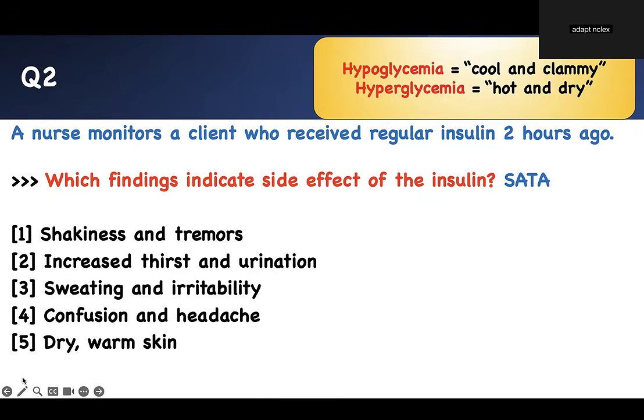When your skin is dry and warm, it's called hot and dry, and that is hyperglycemia. Therefore, what are the signs and symptoms of hypoglycemia? Shock, shakiness and tremor, sweaty and irritability, and confusion and headache. 1, 3, 4 are your right answers.